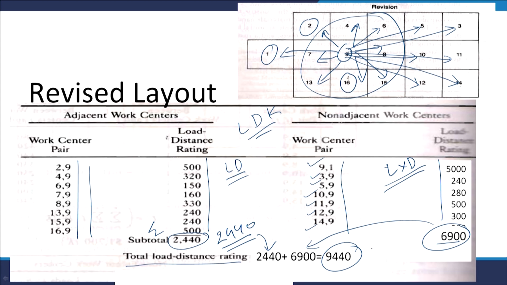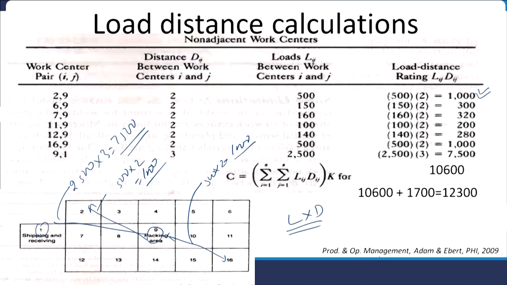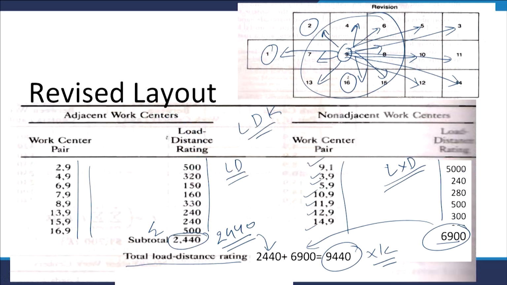If you multiply with some common cost factors, we can compare the costing easily. The load into distance rating, which was earlier significantly high at 12,300, has now been reduced to 9,440 after revising the layout.